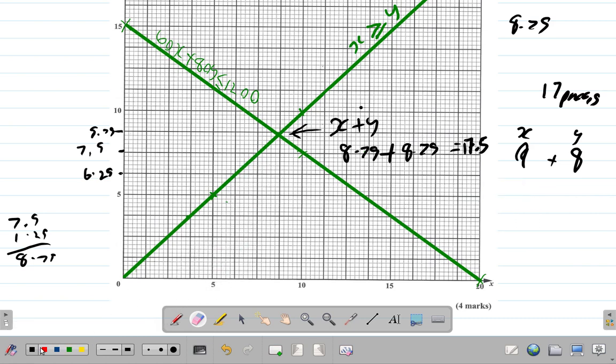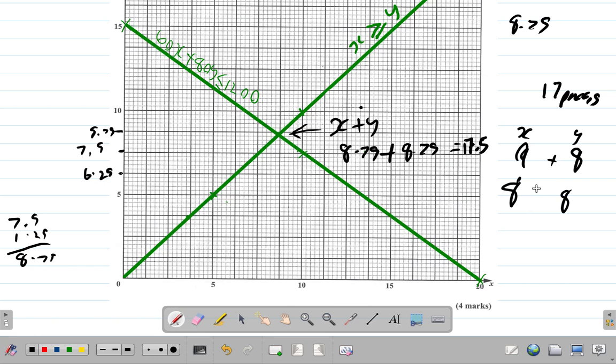We couldn't make them buy 9y and 8x because the number of x must not be less than y. If they buy 8x and 8y, it would fall below 17, because that is 16, and we want the maximum number.